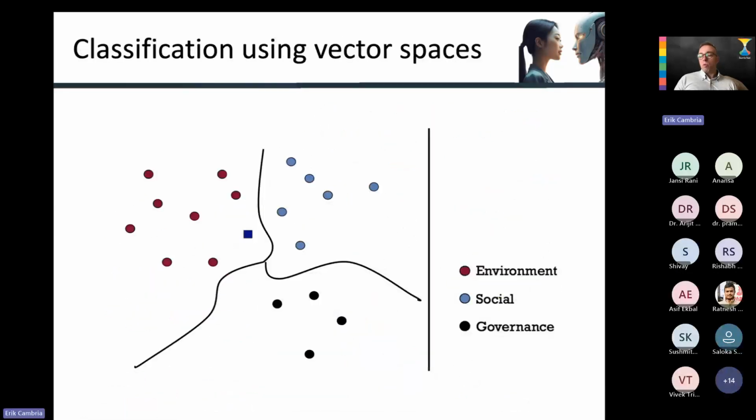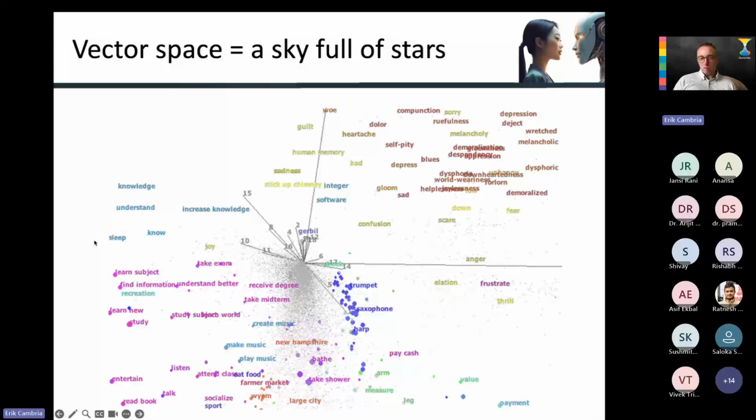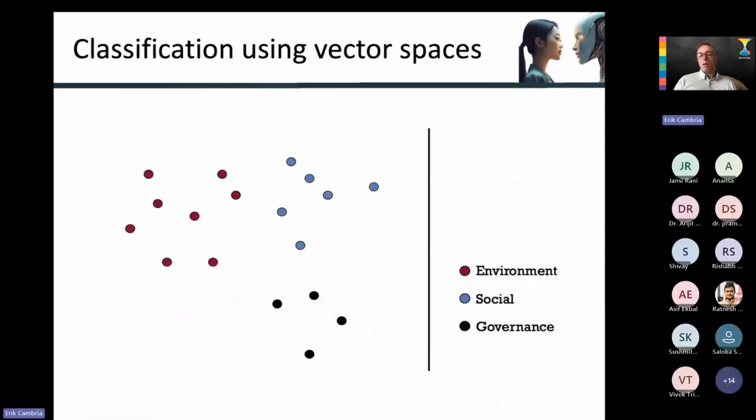And the last thing we touched on yesterday was what to do with this vector space. We saw how we can calculate, for example, the similarity between two documents or two data points using either Euclidean distance or cosine similarity. We can also use them for classification with different classification techniques.